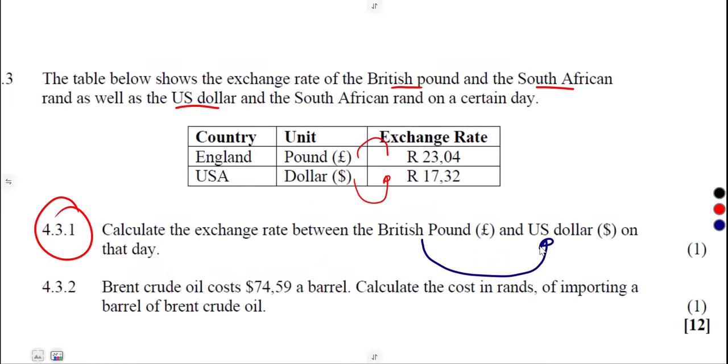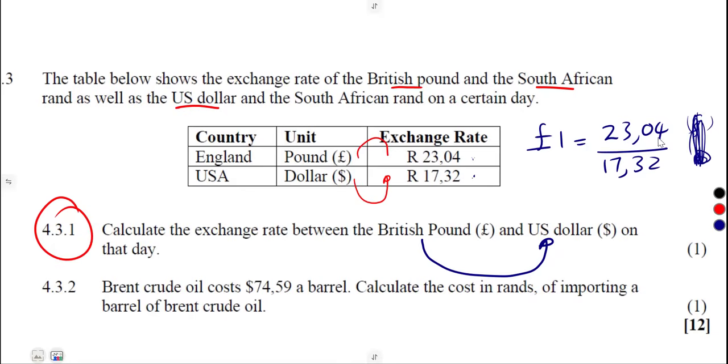So guys, we can simply work this one straightforward as they want British pound to the US dollar. You simply have to divide as it is, because these ones, they are all in rands. So it simply means each of the British pound is gonna be, as we have pound over dollar, but in terms of the rands that we are given. So it's 23,04 for the British pound that was given in terms of rands, and 17,32, which was representing the US dollar in that case.